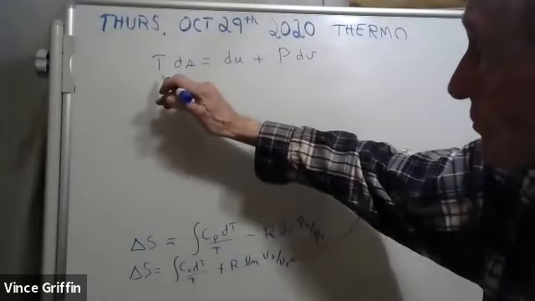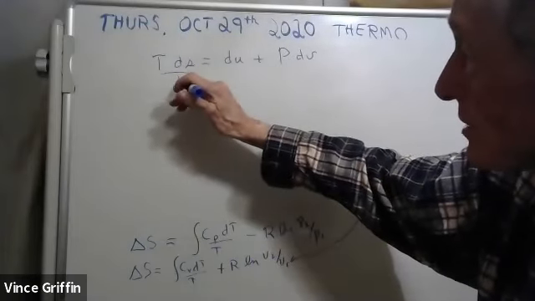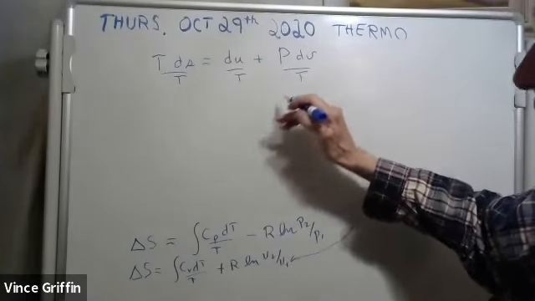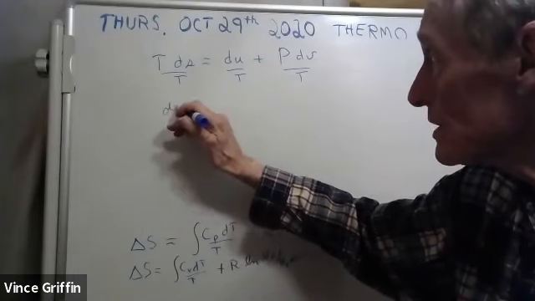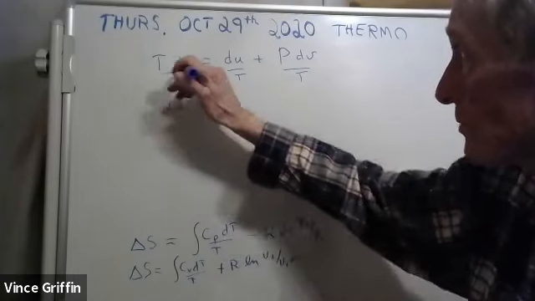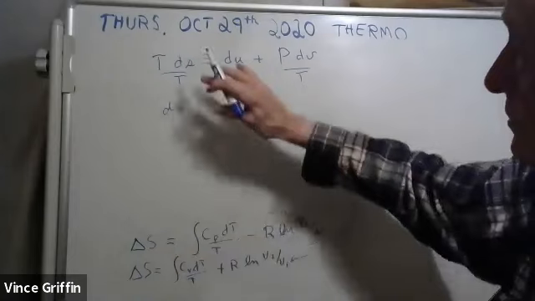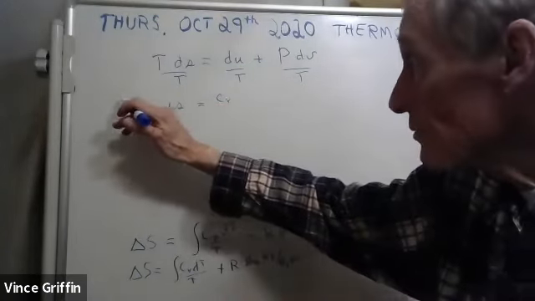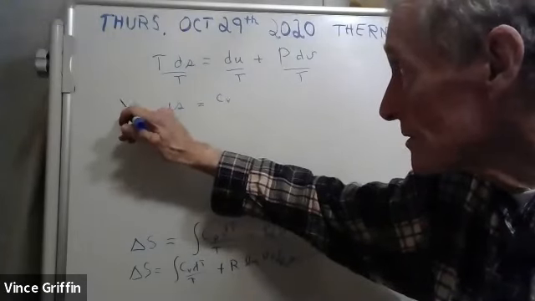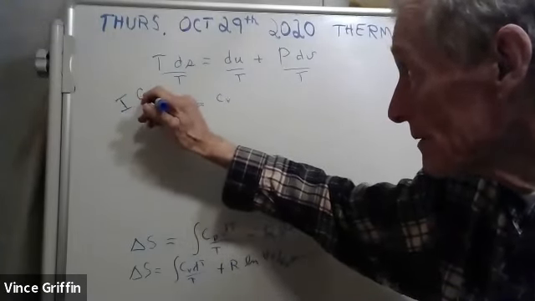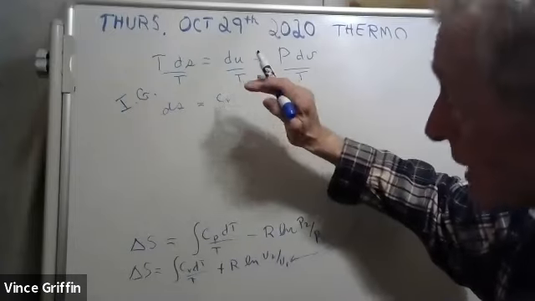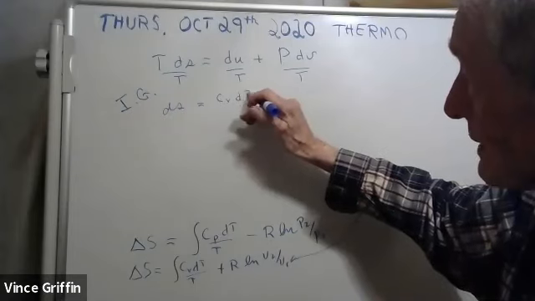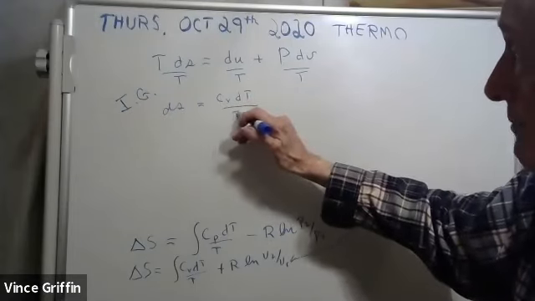We're going to divide everything through by T. That's legal. You can divide everything through by T, can't you? And so what you're left with is ds. The T's go bye-bye. And we're going to write this as C sub v. We're going to say we have an ideal gas, like air maybe. If you have an ideal gas, you can write that as C sub v dT over T.